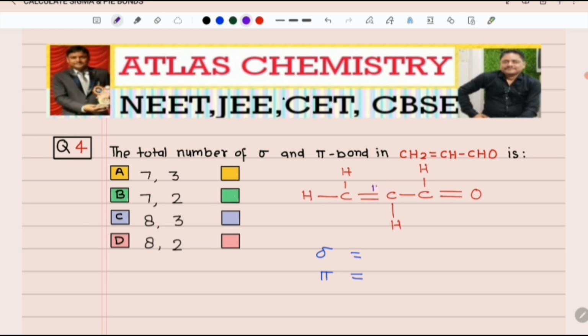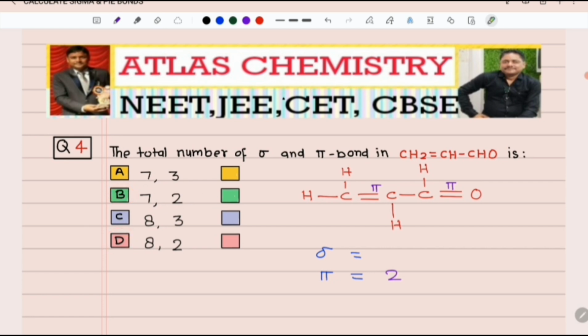Here is 1 pi bond and another pi bond. So pi bond is 2. The options with 2 pi bonds are option B and option D. So our answer will be from B and D.